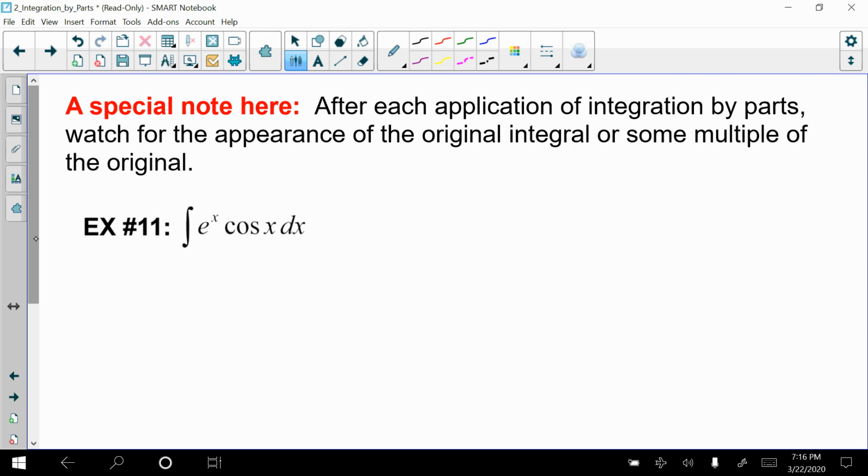Okay, so presuming that you've paused the video and done what I've asked you to do, if you notice, they're not giving you a table here, and that's fine. Normally you're not going to be given a table here, but this one definitely differs from the last two examples because it's not a normal polynomial that, if I keep taking derivatives, I'm going to wind up running out of things.